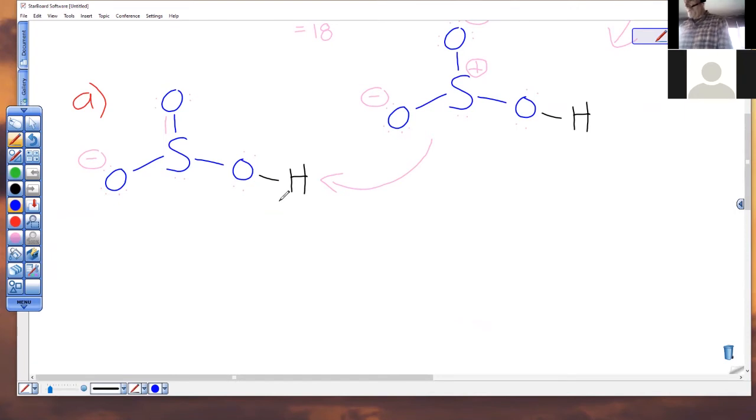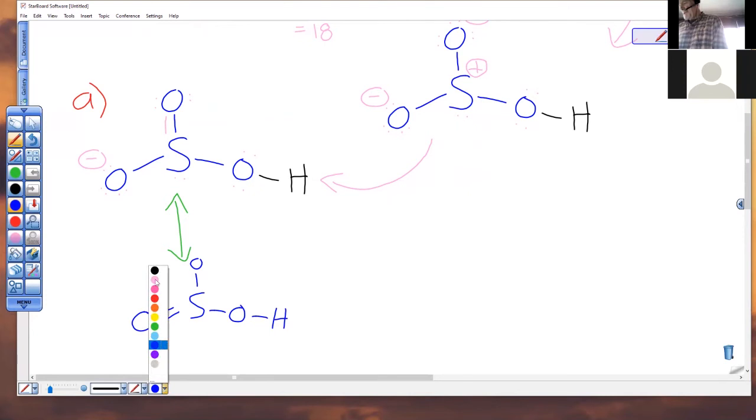And I'm going to go to B. Draw the resonance form. And that O here can resonate its lone pair that used to be this lone pair.